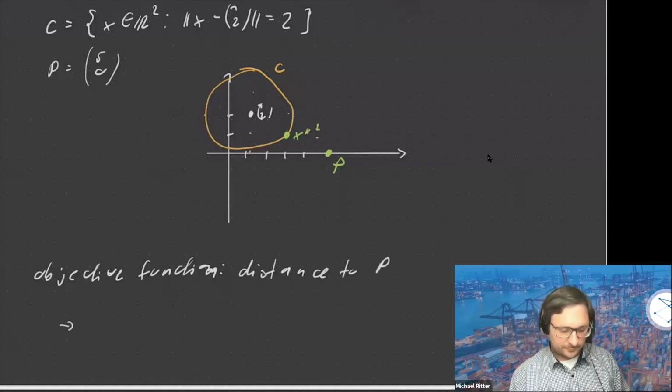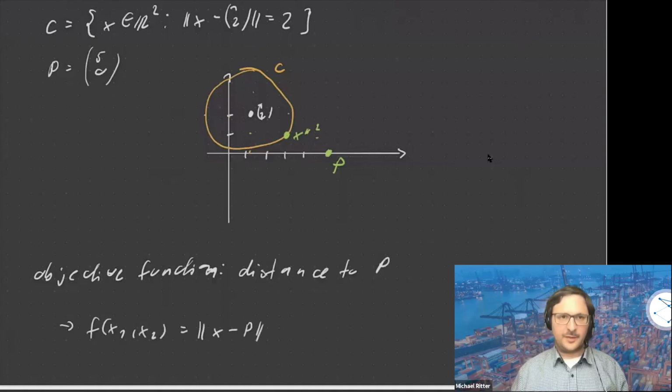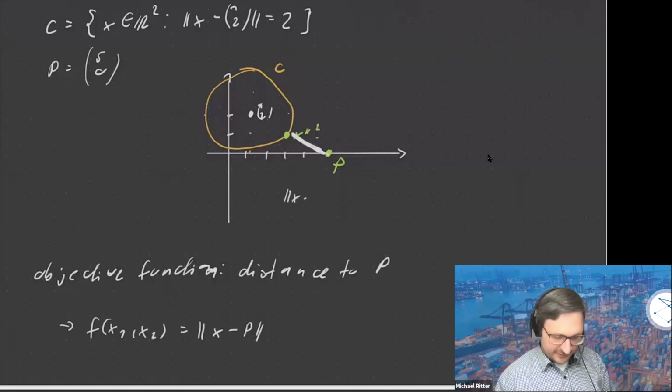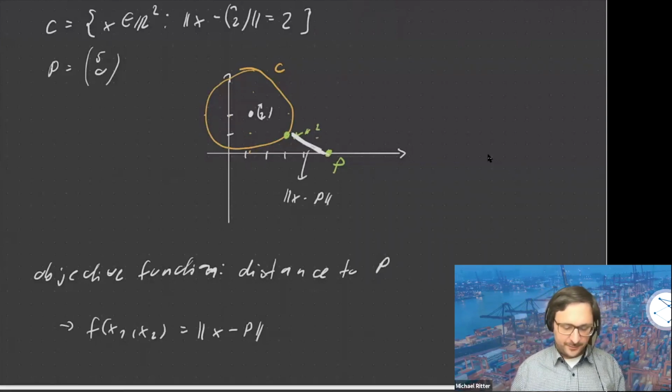If we have a point (x1, x2), then the distance to P is measured by simply taking the norm of x minus P. That would be the distance, right? So this vector here is x minus P, and the length of that vector is what we want to minimize.